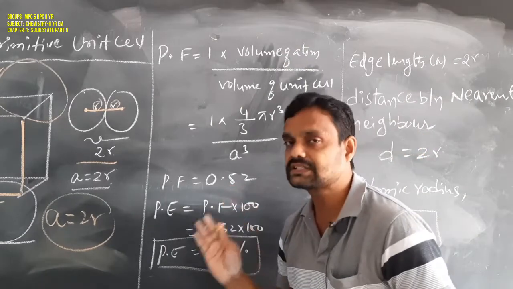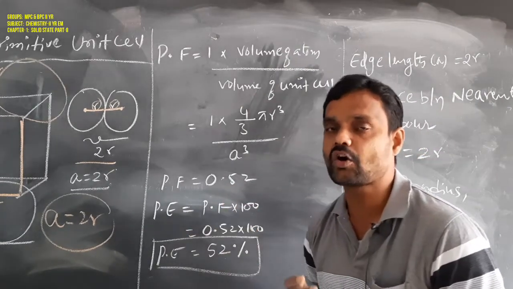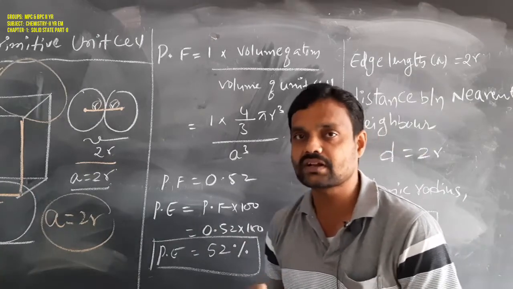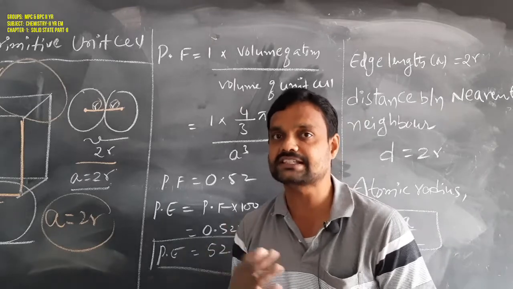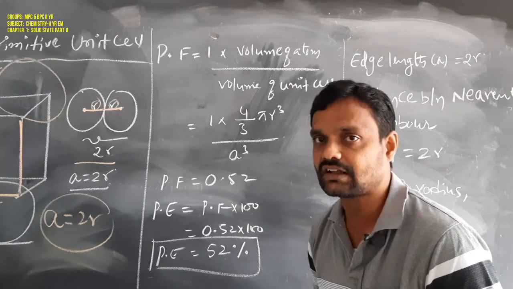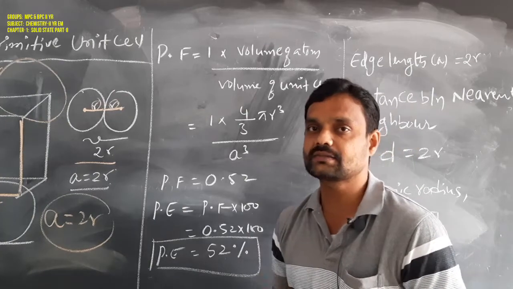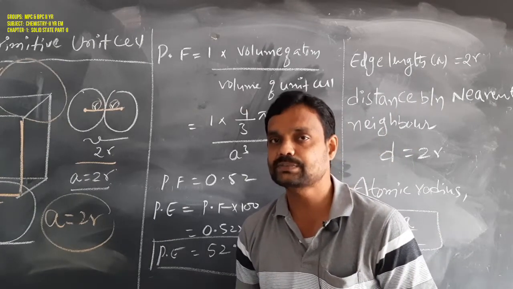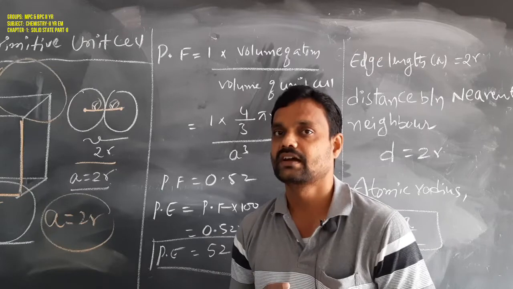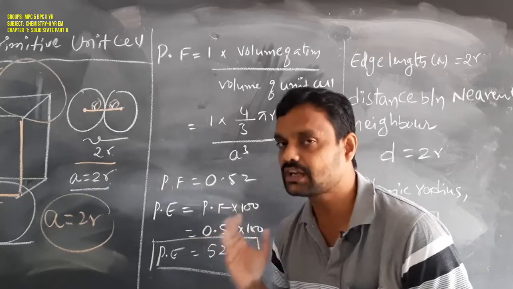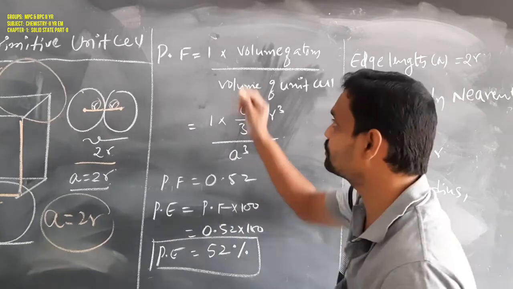For the simple or primitive unit cell, how many atoms are contributed? In the previous class we found that the total number of atoms per unit cell is equal to 1.